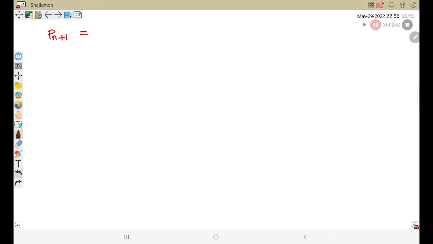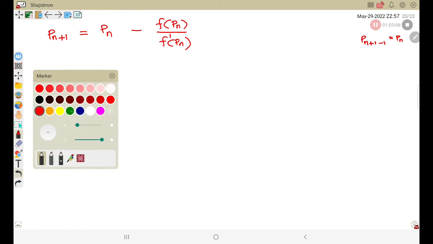Pn plus 1 before number. What is Pn plus 1 before number? Pn plus 1 minus 1, correct? So what will be that one? Pn. So Pn is the before number. So how to write the rule? Pn plus 1 equal Pn minus f value at Pn divided by f dash value at Pn. I hope you understood how we wrote that rule, correct?